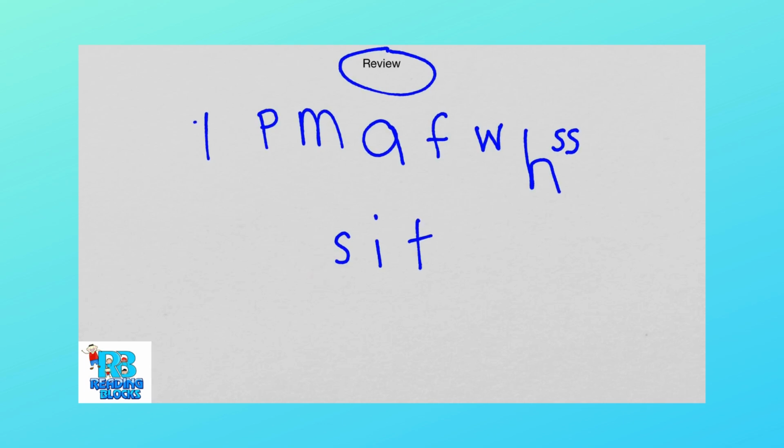How about if we take our M sound away, add a T sound, and now what do we have? S, it, sit. Very good. And if we change this to F, now we have it, fit. Very good. Now let's change our F to M, and we have M, it, mit.